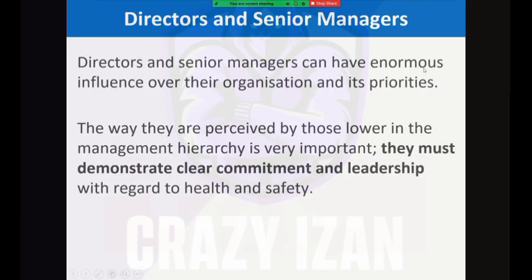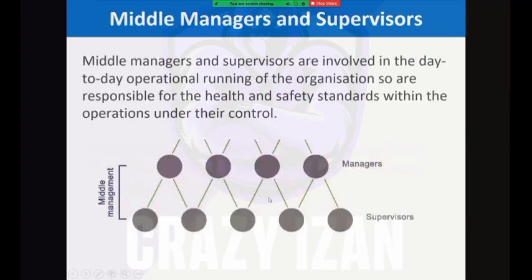Directors and senior managers can have enormous influence on their organization and its priorities. The way they are perceived by those lower in the hierarchy is very important. That is why directors and senior managers must demonstrate clear commitment and leadership with regards to health and safety. Then we have middle managers.